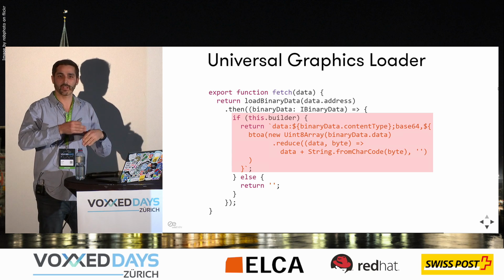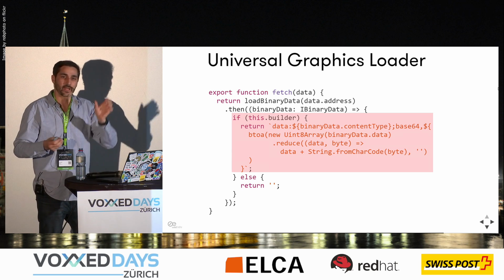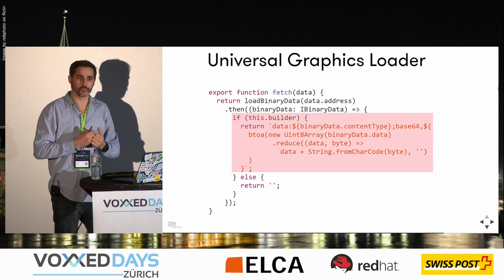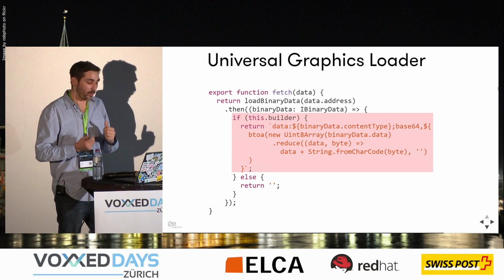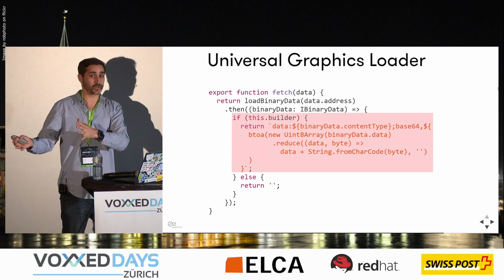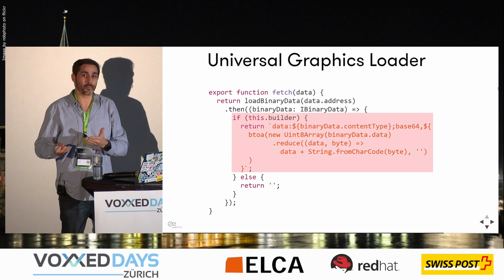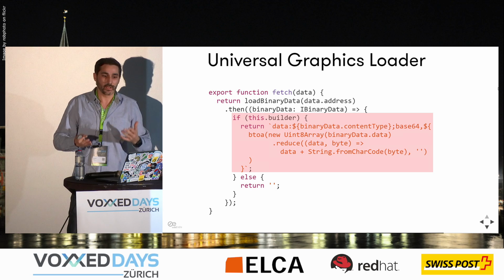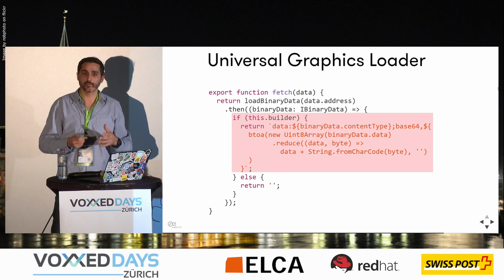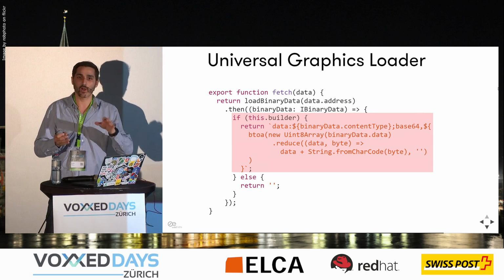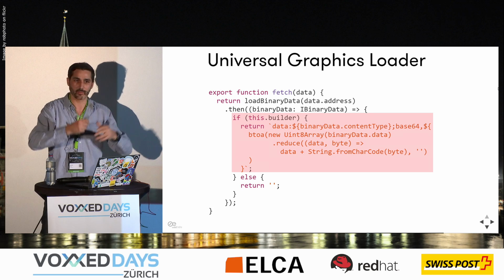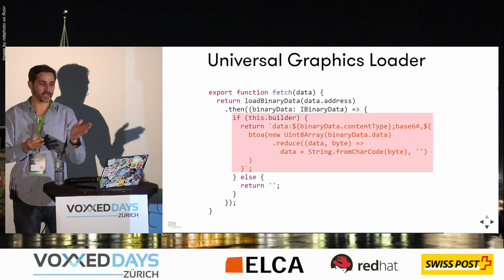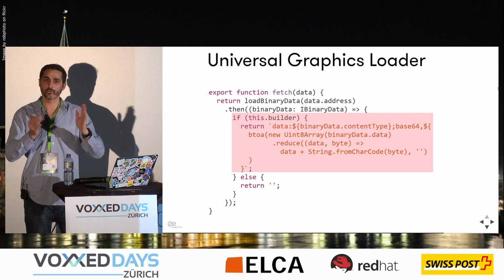So if we are importing test.png, then this address will get into the image source, and we receive this image source from the module export. However, when we are bundling JavaScript into one bundle, we need to do something else because we cannot put the PNG directly into this bundle, right? So what we do is create a whole data URI which contains the base64, and put this into our bundle.